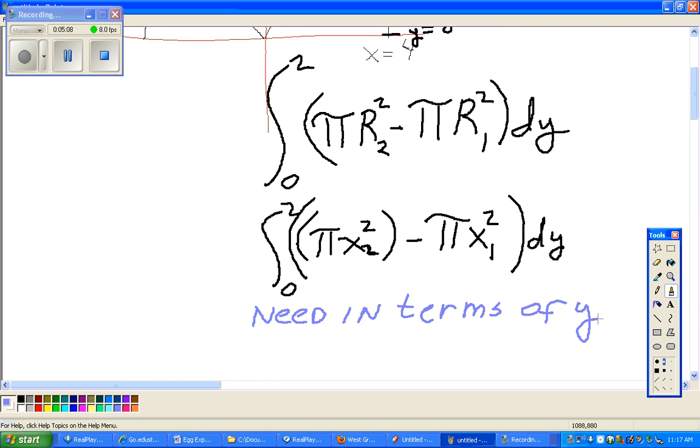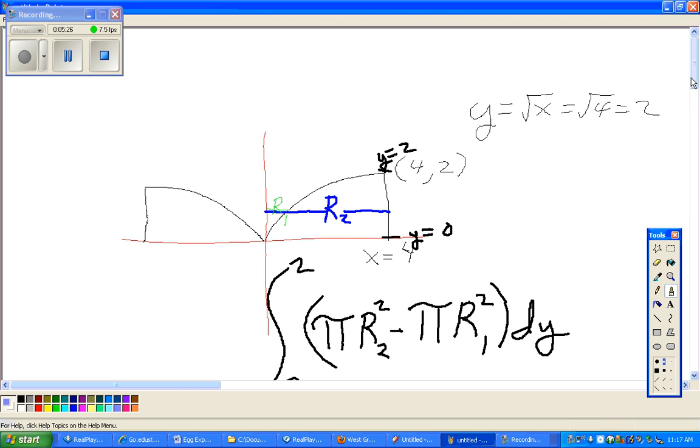I need to get this in terms of y, which means that I need to figure out another thing to have here instead of the x's. And so pretty much you end up having to look back at the drawing. If I come back to my drawing, it looks to me like this radius stays the same the whole way. That comes out and touches the place where x is equal to 4. So I can just replace that with a 4.